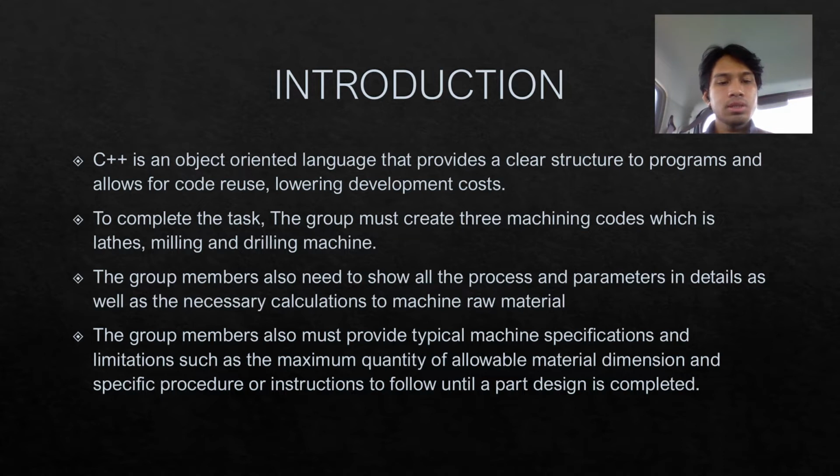C++ is a programming language that may be used to construct applications that operate on a wide range of platforms. In programming class, this type of software was utilized. As a result, the goal is to write machine code using everything we have learned so far. To complete the task, the group must create 3 machine codes, which are lathe, milling, and drilling machines.